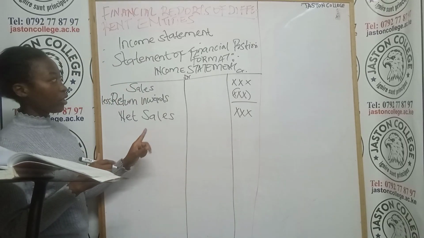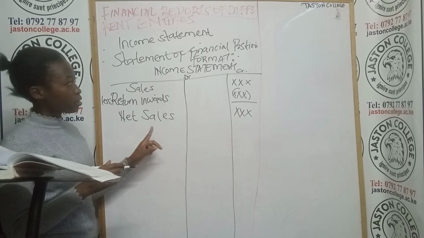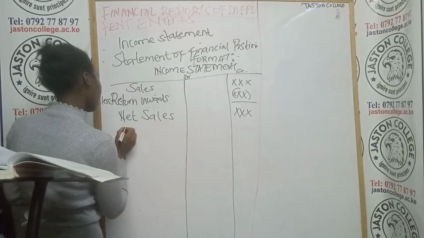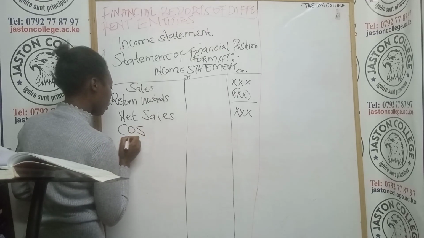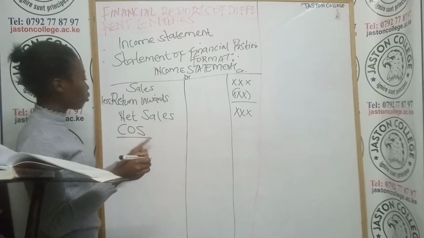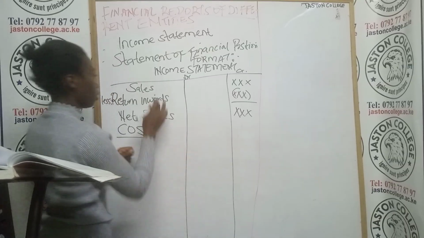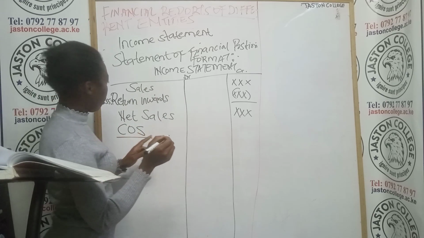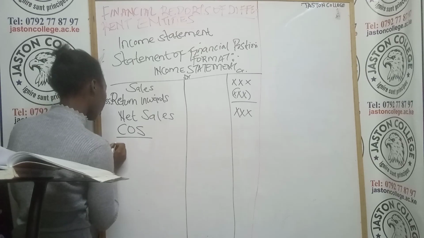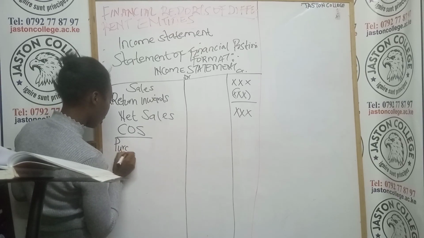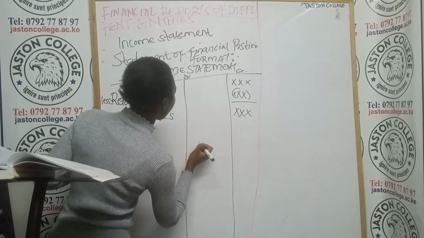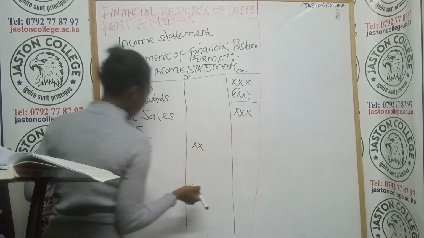Now, in our next step, we are going to get the cost of sales, or cost of goods sold, the cost of these sales. Now, we are going to get our purchases, right here on the debit side.